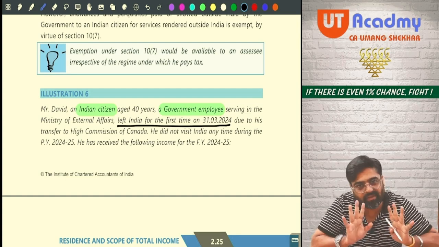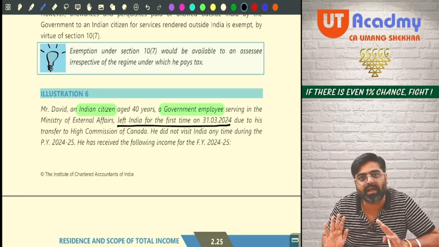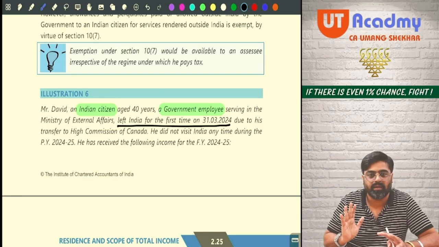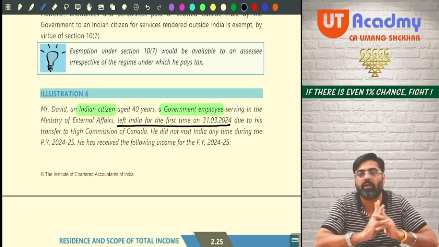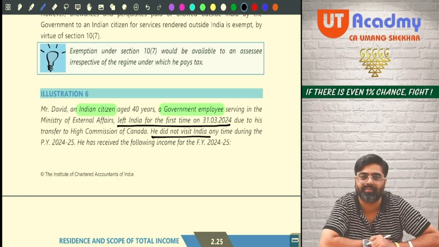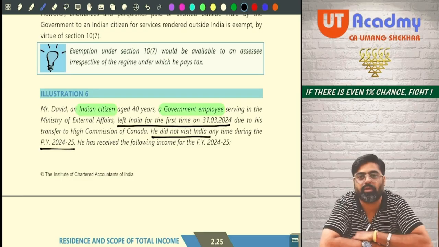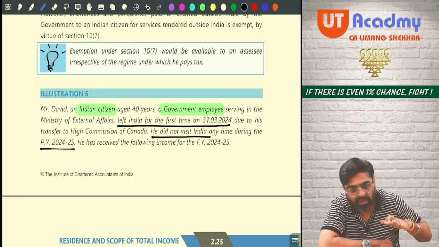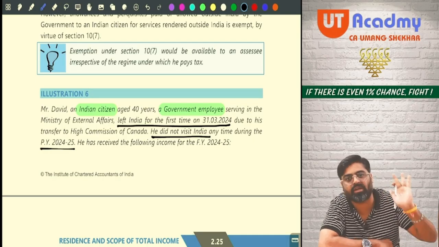Now, David is an Indian citizen. Last year only he went outside India. This year in 24-25 he has not come to India at all. He did not visit India during the year 24-25. So in our previous year 24-25, he did not visit India.